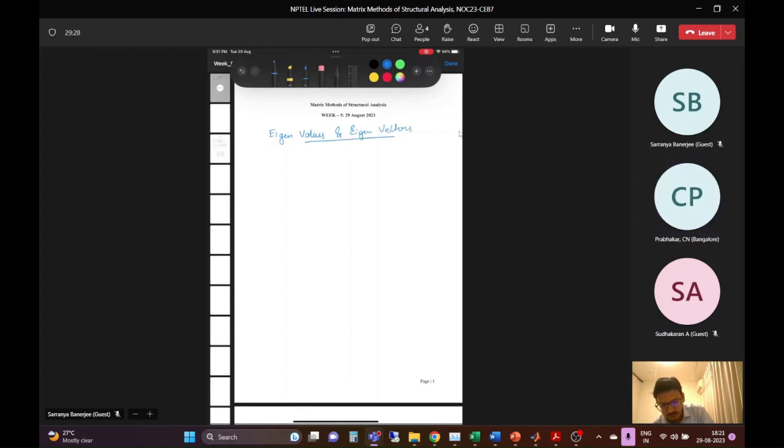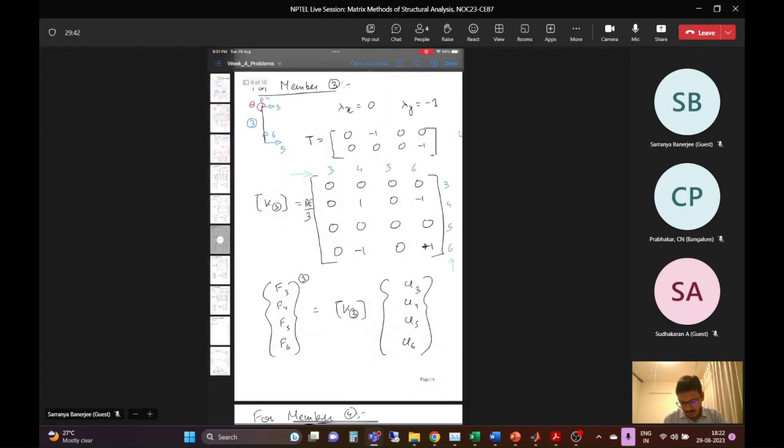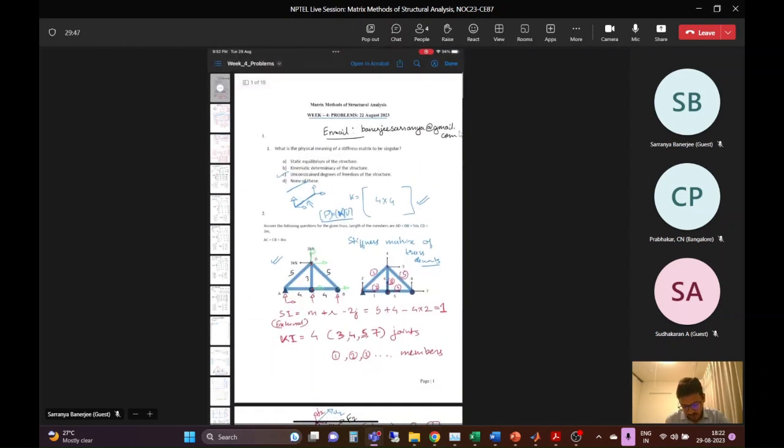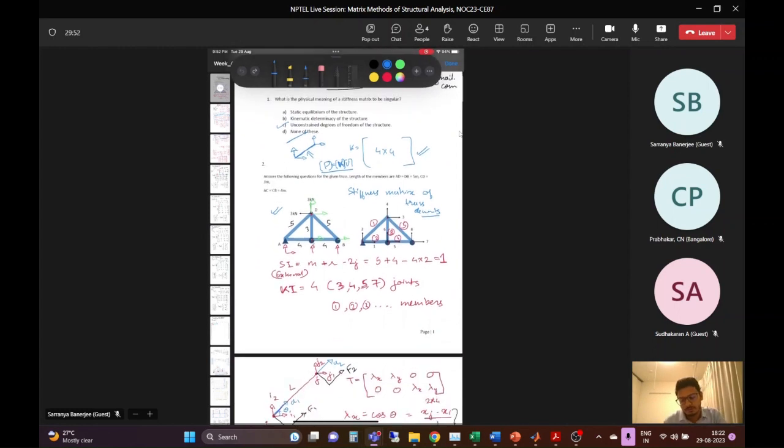So I will discuss not elaborately on this, I'll discuss slightly on this and then we'll start the beam problem. Before I discuss, I just remembered one more thing from last class. There was also one question from Mr. Prabhakar that which degrees of freedom should we choose while numbering the degrees of freedom so that we don't need to partition.